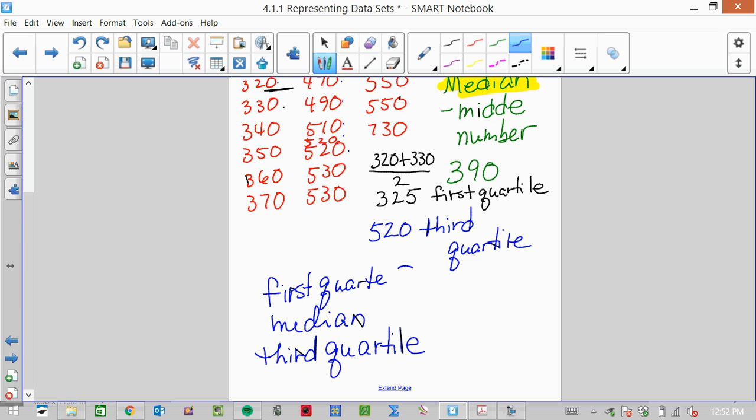These are the 3 important numbers that we need when we're making our box plot.